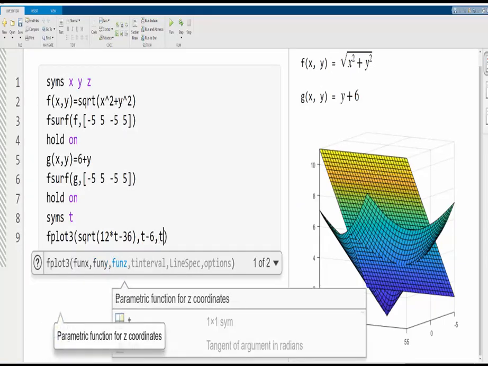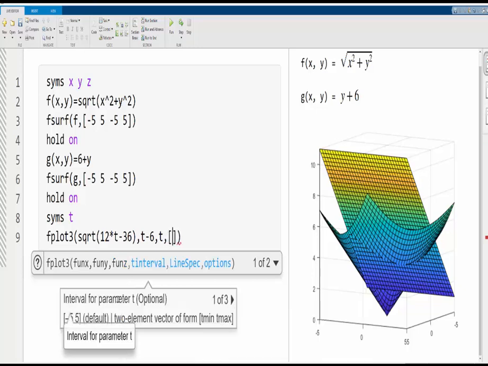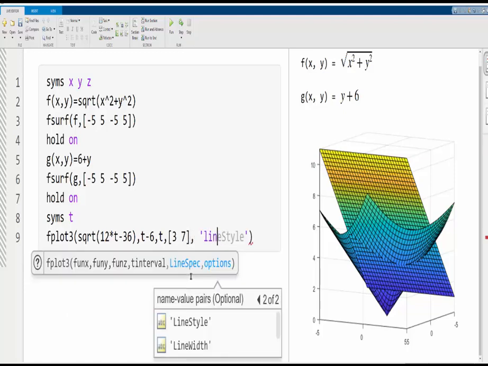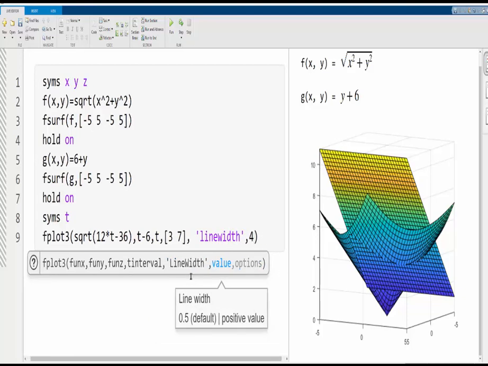And t is the third component. And then we know we have to have more than 3. So let's just stick to 3, 7. Okay. And I'll take a thick line width.